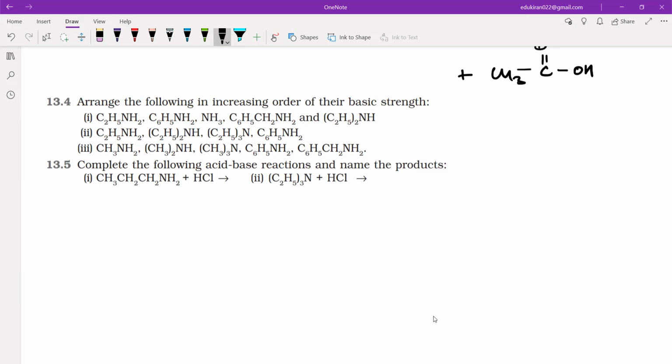Now, when you're talking about basic strength, it will be in the aqueous phase only. Whenever we are talking about basic strength, it will be in the aqueous phase only. In the second reaction, you just have a base and an acid, so it is an acid-base reaction, and you have to do nothing else. So these are the two homeworks. Now, let me share the PDF with you guys.